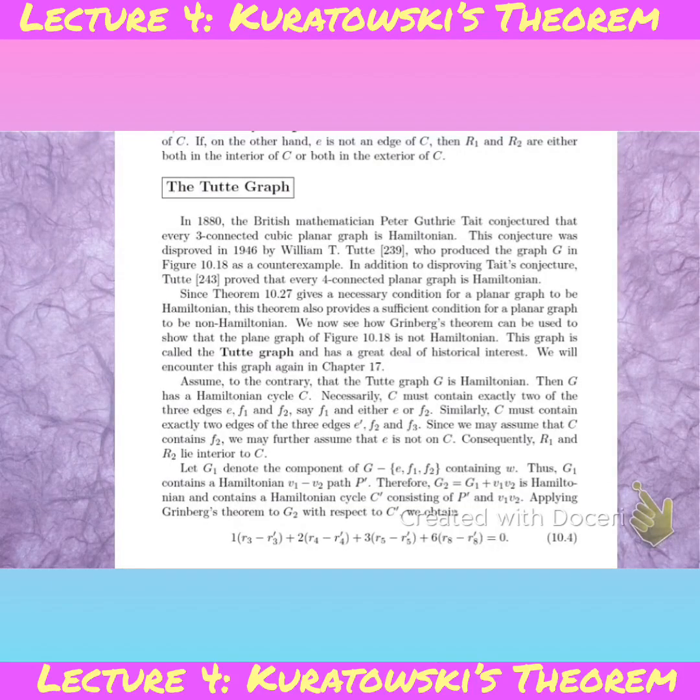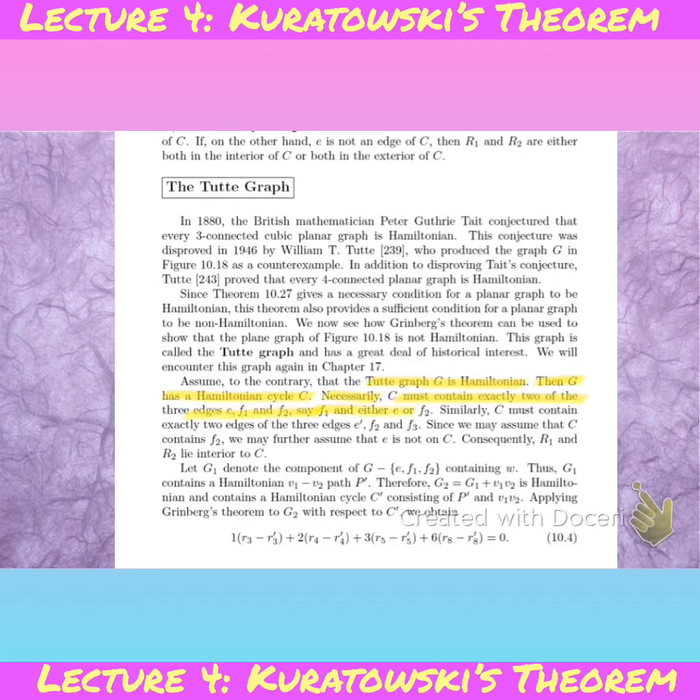Right, we're going to assume, to the contrary, that the Tat graph is Hamiltonian. So by Greenberg's theorem, that summation we talked about is equal to 0. So then G has a Hamiltonian cycle C, and here they say necessarily C must contain exactly 2 of the 3 edges, which we will define just now, E, F1 and F2.